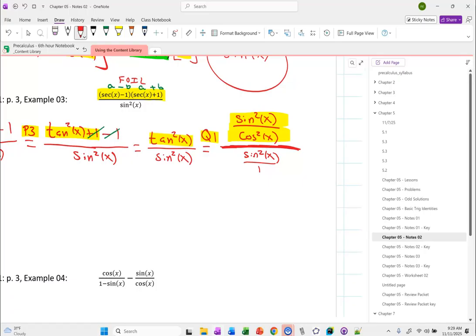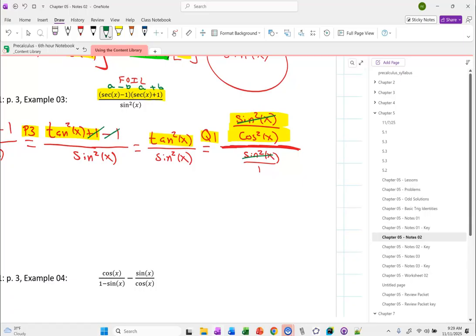What does that mean? It means I can reduce. Those two sine squareds can reduce, because it's the numerator of the little fraction on top with the numerator of the little fraction on bottom. If you have a complex fraction, a fraction stacked on top of a fraction like that, you can reduce numerator with numerator or denominator with denominator.